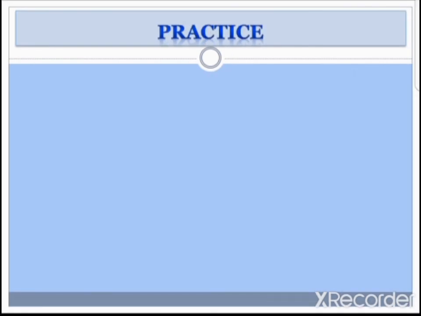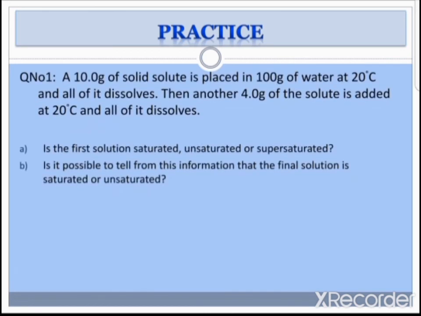Now, at the end of today's lesson, I am going to give you some questions related to today's topic. Question number 1. 10 grams of solid solute is placed in 100 grams of water at 20 degrees centigrade and all of it dissolves.